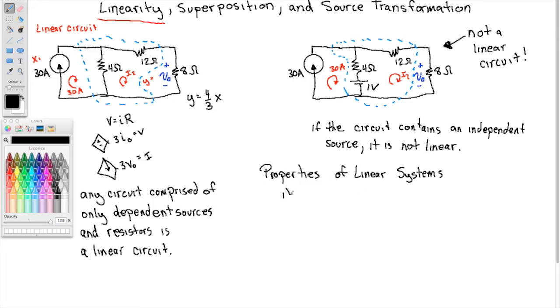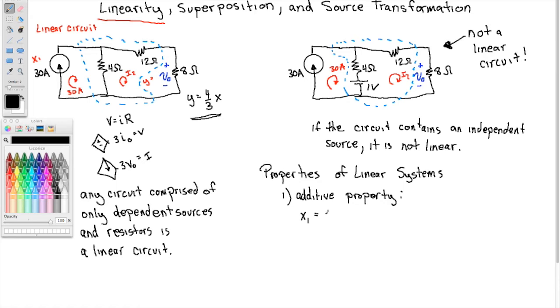The first is the additive property. So, for example, for this circuit, we saw that these two things, x and y, are related by this equation. So, let's say I put in a certain input x1.